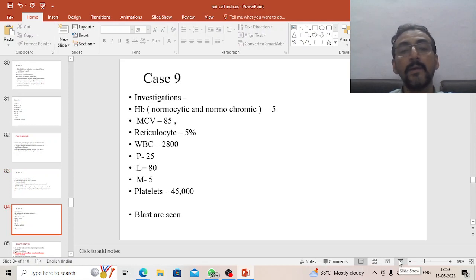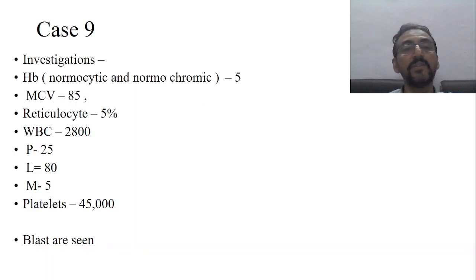Okay, if not, you look into this particular CBC picture. HB is 5 ग्राम, पता नहीं है, but normocytic normochromic है. Okay, MCV is 85. Reticulocyte count is 5%, raised reticulocyte count.